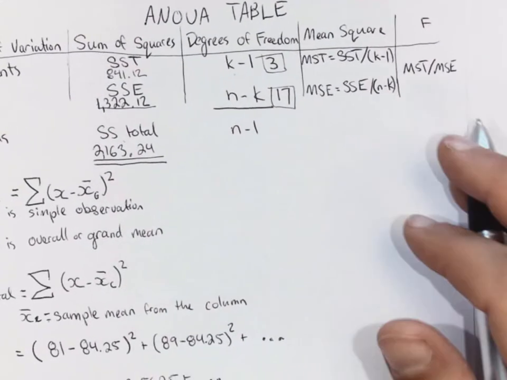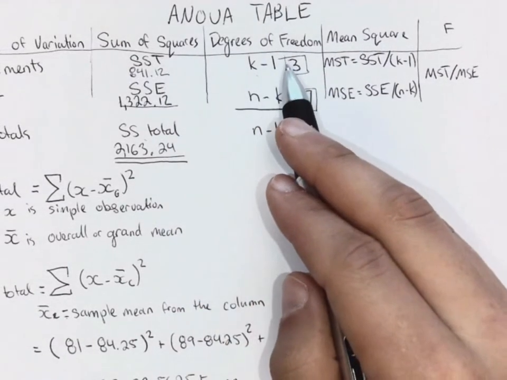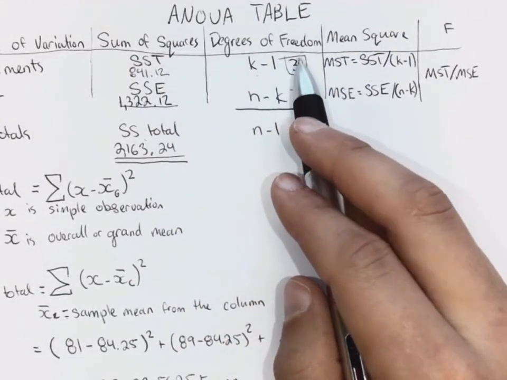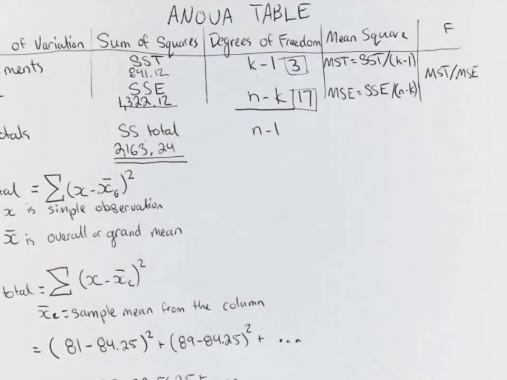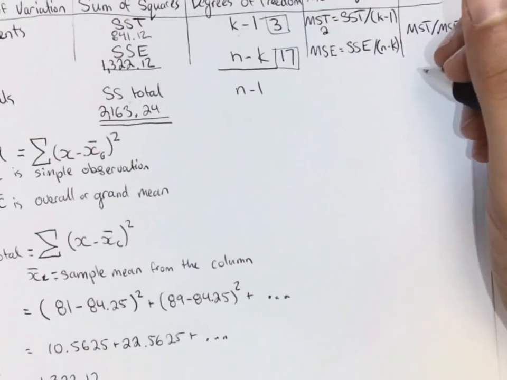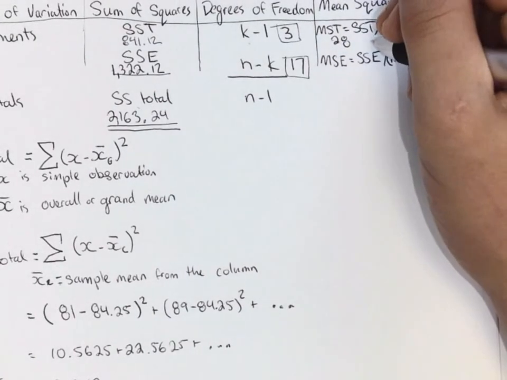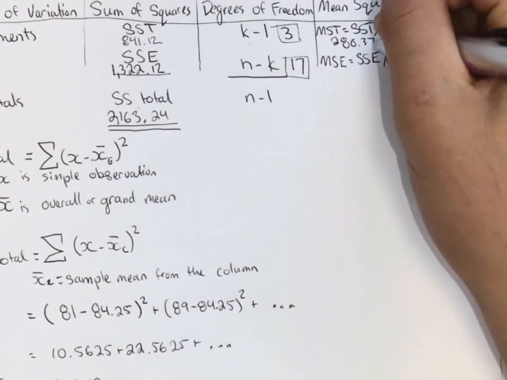And we can determine our mean square. So our SST here divided by our K minus 1, or our degree of freedom, 3, brings us a total of 280.37.